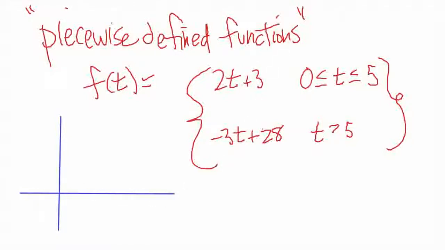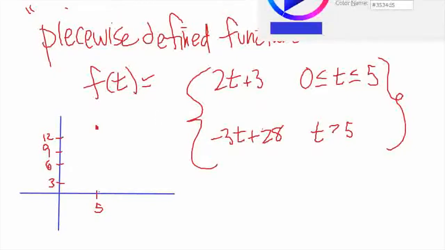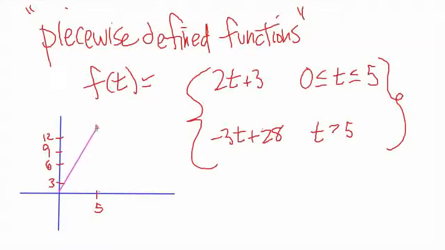At 0 it goes through 3, and then at 5 it goes through 13, so the line for the first part would be this.